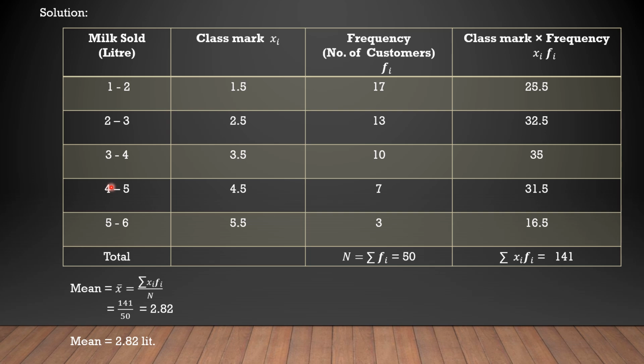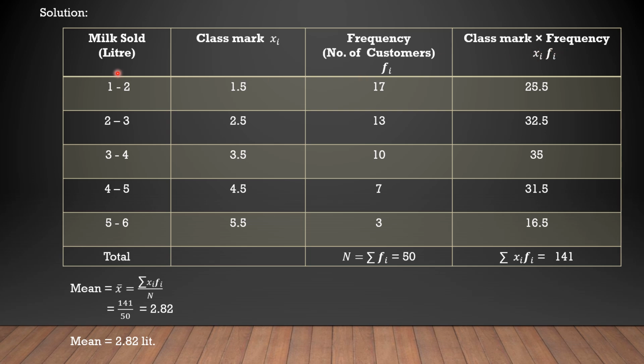So first we draw 4 columns. The first column is for milk sold in liters, then class mark, which means Xi, then frequency, the number of customers, which is denoted by Fi, and then Xi into Fi, which means class mark into frequency.